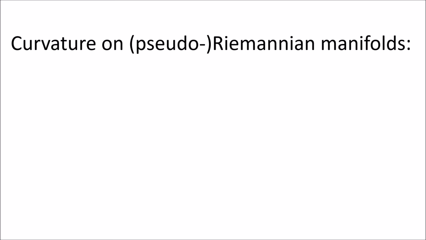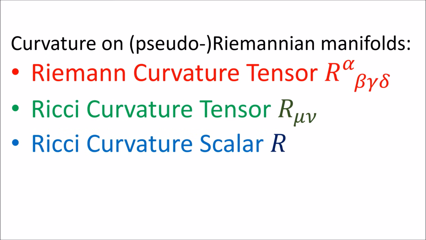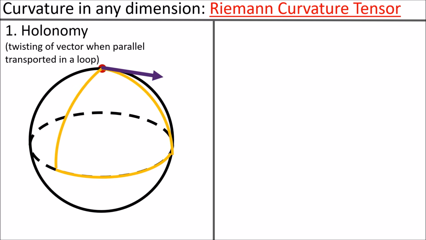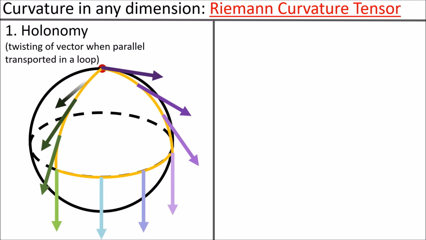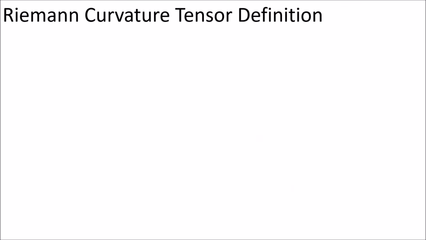So to summarize this video, we learned about 3 ways of measuring curvature: the Riemann tensor, the Ricci tensor, and the Ricci scalar. We can interpret the Riemann tensor as measuring holonomy, which is the twisting of a vector when we parallel transport it around a loop, or as a measure of the spread of nearby geodesics.